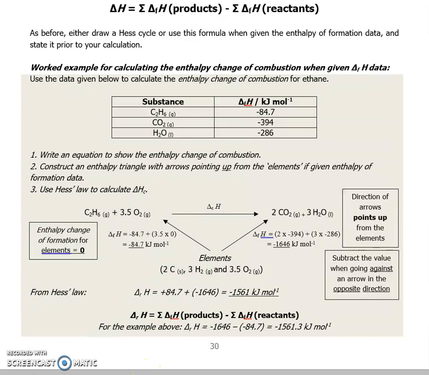So let's have a look at a worked example here. What we've got is the reaction between ethane and oxygen, or the combustion of ethane to make carbon dioxide and water.